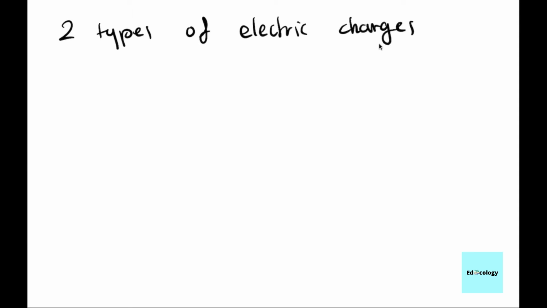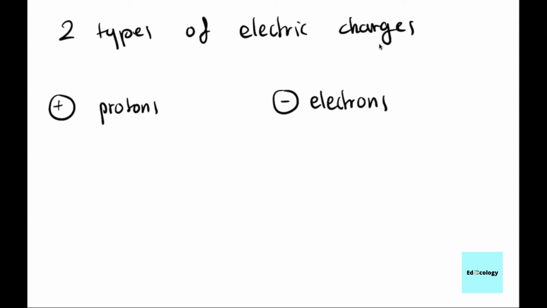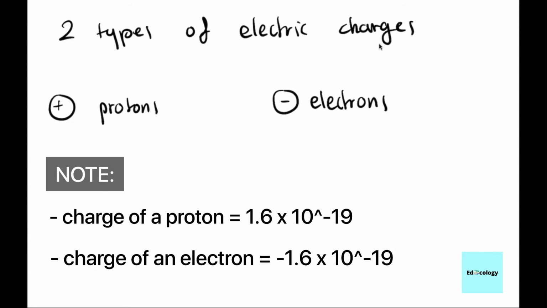There are two types of electric charges. There are protons, there are electrons. Electrons are negative charges and protons are positive charges.